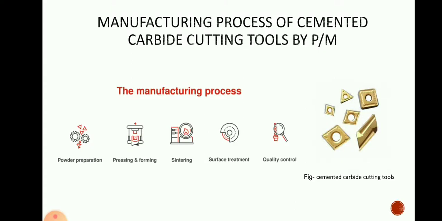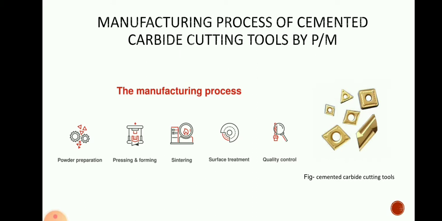cemented carbide cutting tools. Now the manufacturing process for these cemented carbide cutting tools is by the powder metallurgy process. The powder metallurgy process includes 5 stages. The first stage is powder preparation, secondly pressing and forming, where we are blending and mixing all the powders, and then thirdly we are applying some pressure.